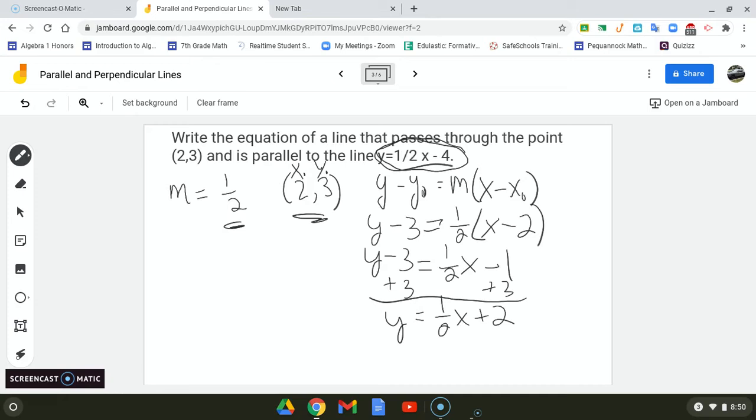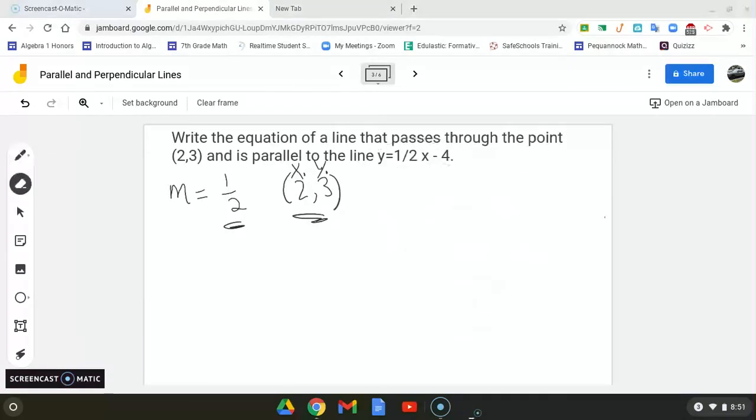Now, we did this in point slope form. You can do this in slope-intercept form. And let's do it in slope-intercept form so you can see what that looks like. We would just write our generic equation for slope-intercept, which is y is equal to mx plus b.